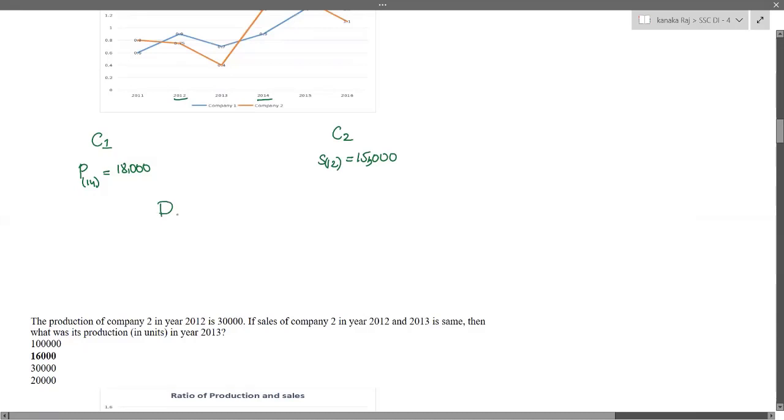So now I need to find the difference between production and sales for company 1 in the year 2014, then the ratio to the difference of production to sales in the year 2012 for company 2.